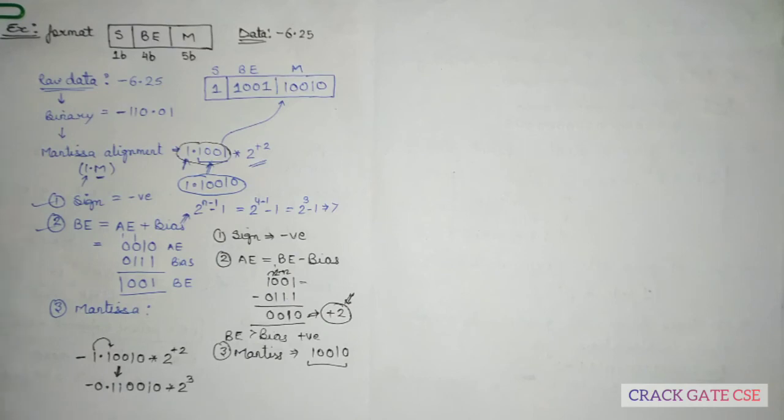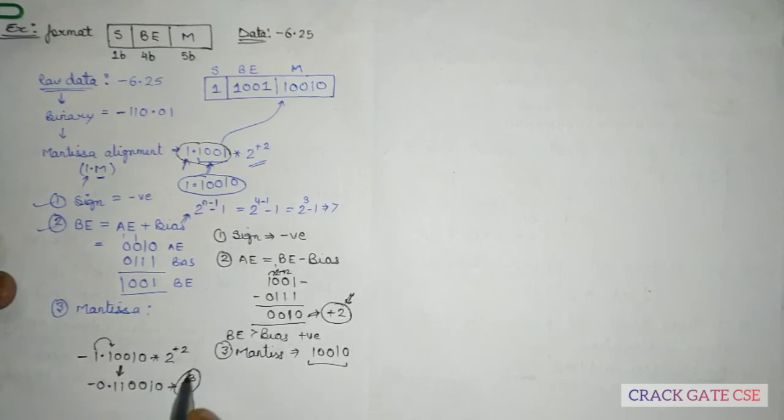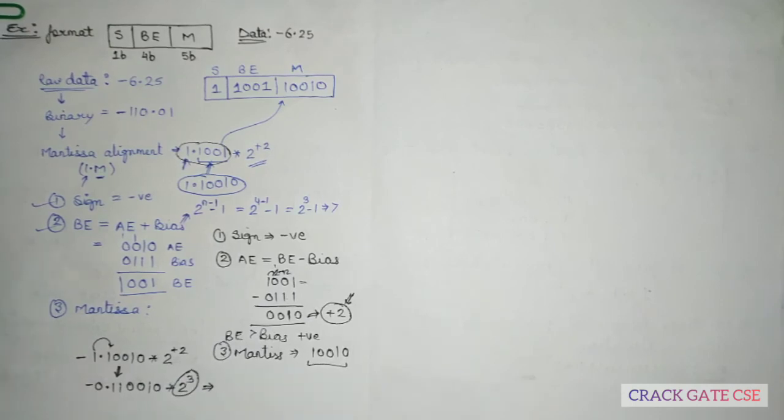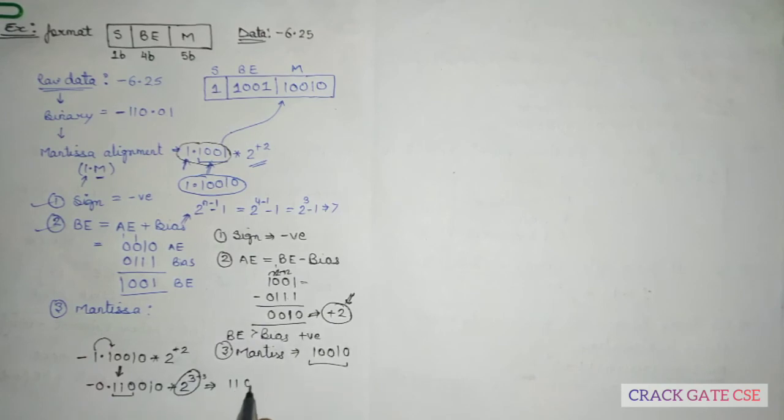Now we have to convert this binary data into decimal data. For that I am just taking care of this 2 to the power 3. To remove this 2 to the power 3, I have to shift my values to the left-hand side. If I shift these three values to the left, 3 minus 3 will be 0. So I am putting it as 110.010.